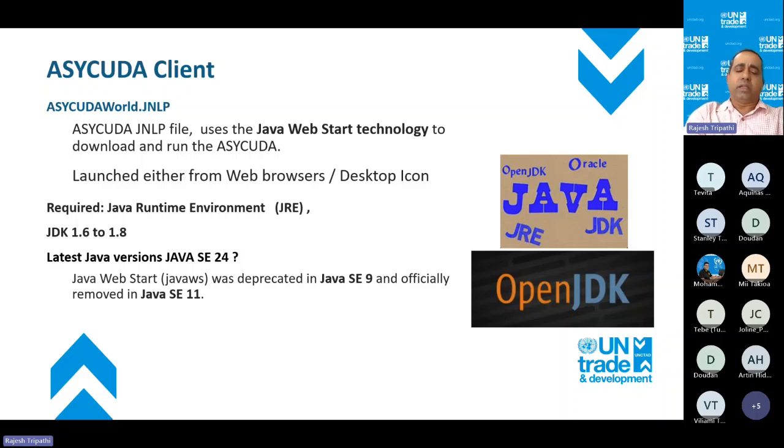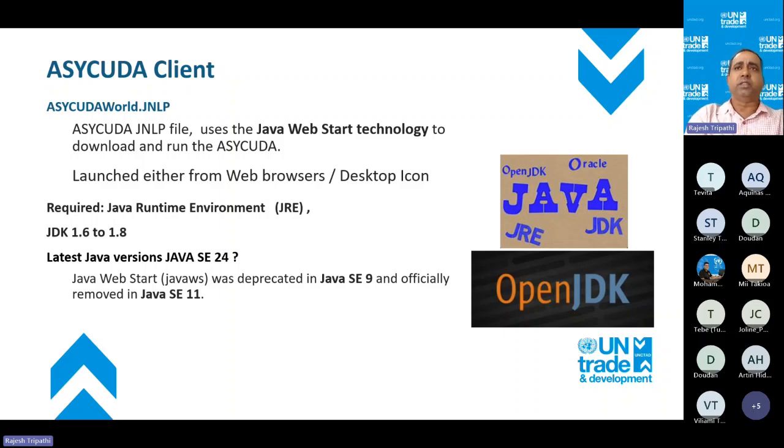Java Web Start is a Java 2 Standard Edition set of libraries that were available up to Java 8 version. If you have known Java before, it used to be owned by Sun Microsystems, and then there was an eventual takeover by Oracle. Now it is Oracle Java.